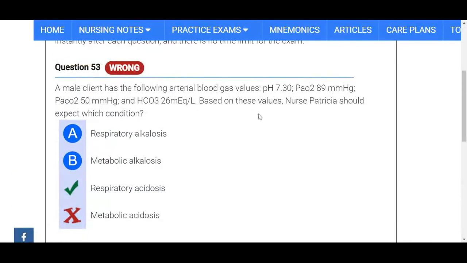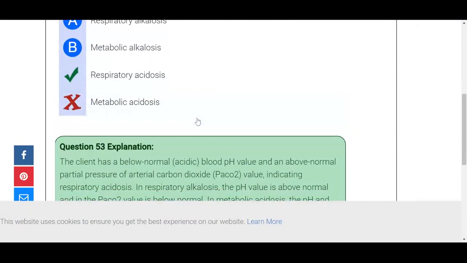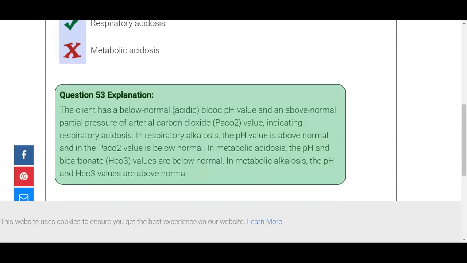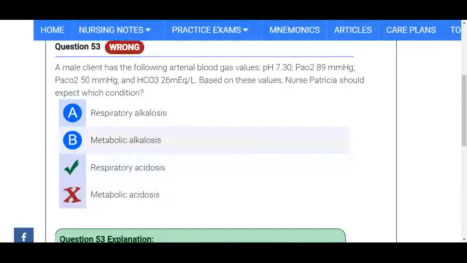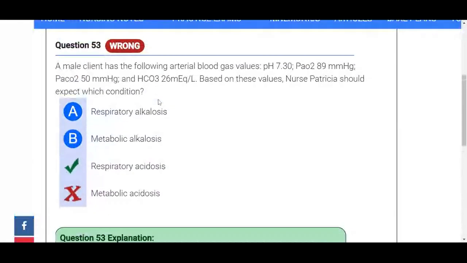And if the pH is below normal and the hydrogen carbonate is below normal too, it is metabolic acidosis. In metabolic alkalosis, the pH and HCO3 values are both above normal. So HCO3 normal range is 22 to 26.